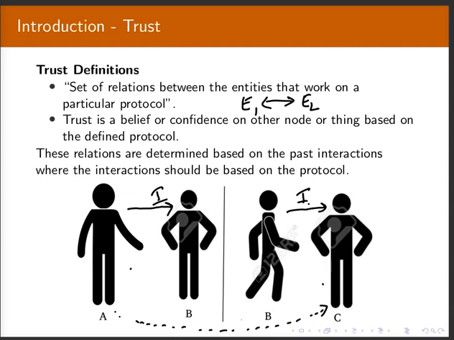So if you see, this is I1 and this is I2. Now the question is whether the information that was passed is correct or wrong, and whether it is different from what was communicated earlier between A and B. If A wants to communicate with C, A will tell the information to B, but A wants to know whether B forwards the information to C or not.